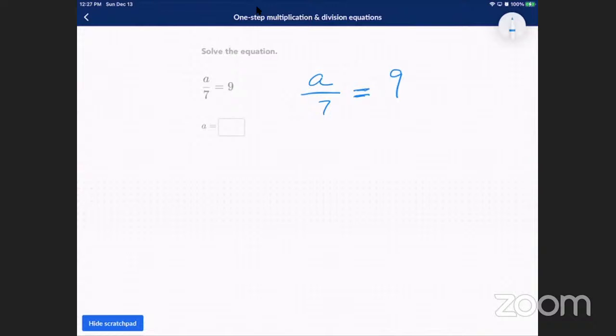Now we have a division equation here, and they're saying that a over 7 equals 9. I could start by looking at 9 as being a fraction. We know 9 equals 9 over 1. That's exactly what that fraction represents.